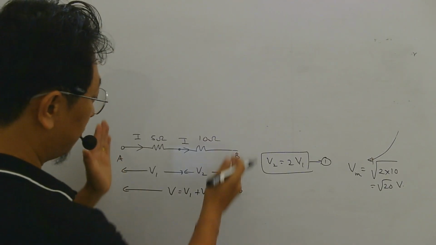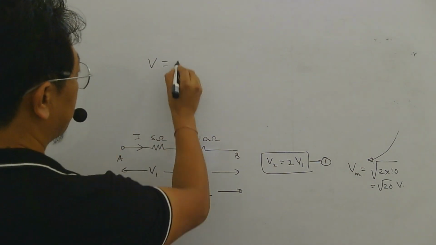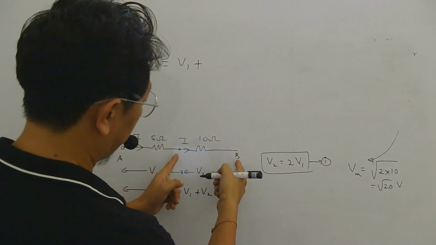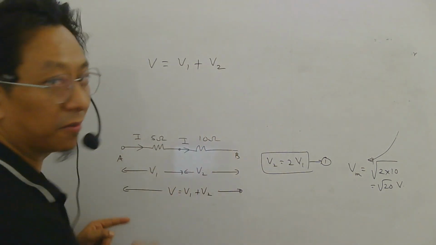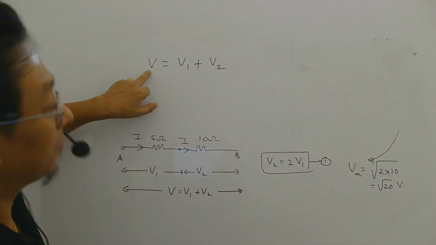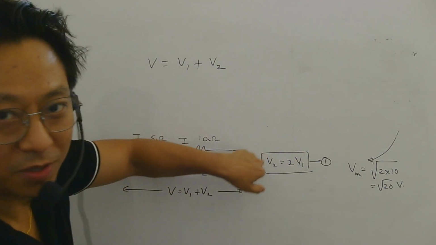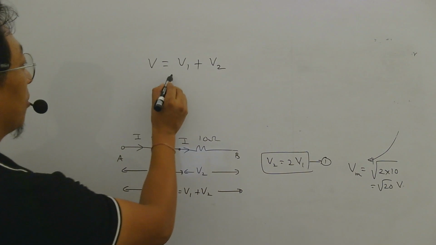Okay. Now the voltage across A and B must be the voltage across this resistance plus the voltage across this resistance. Right. Now to find the maximum voltage that can be applied, we can't make both maximum because this relation has to be satisfied. So we have two options.